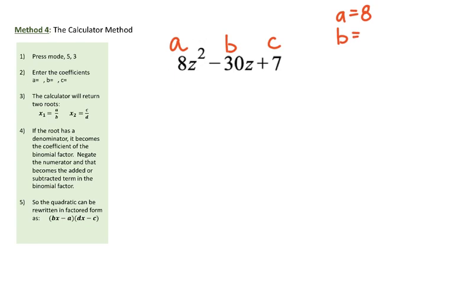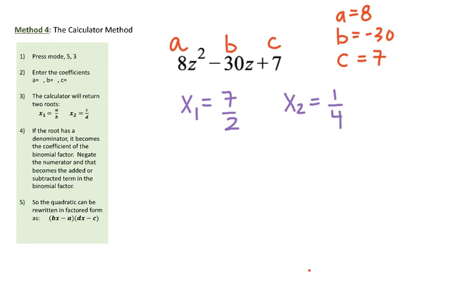Then you type B equals minus 30 and C equals 7. When you type that in, the calculator will return 2 answers for you. The first answer from my calculator was x1 equals 7/2, and the second answer says x2 equals 1/4.